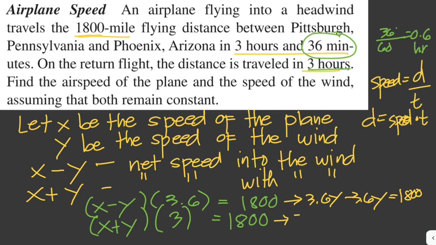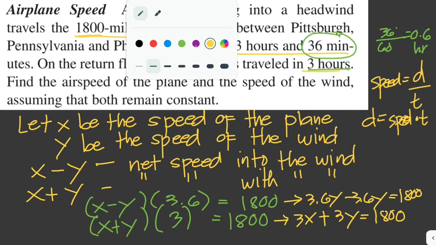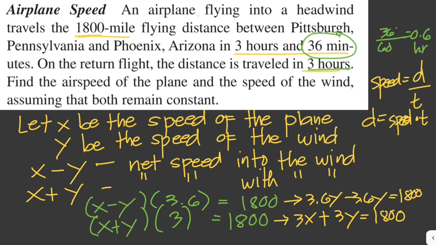And this is 3x plus 3y equals 1,800. We can eliminate x or y here. Okay, let's eliminate y first. We can multiply the first equation by 3 and the second equation by 3.6. Alright.